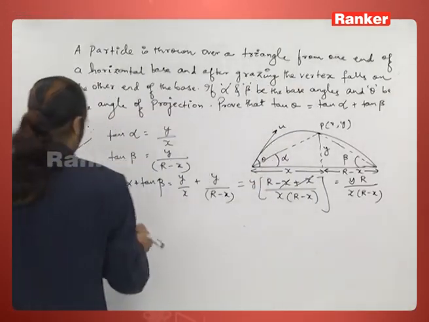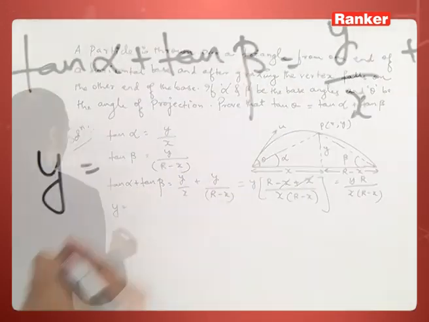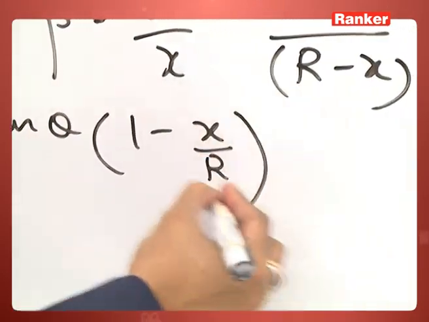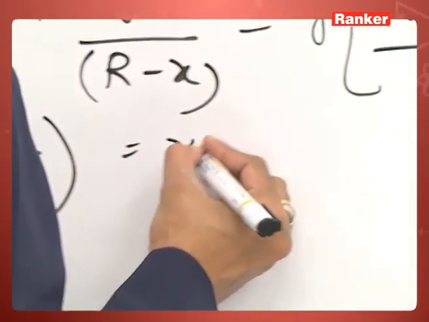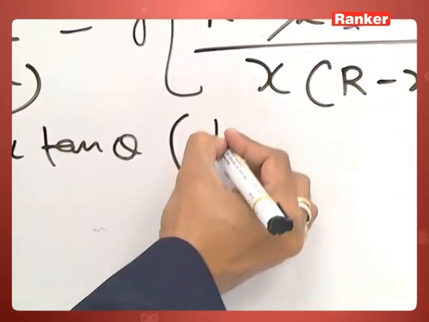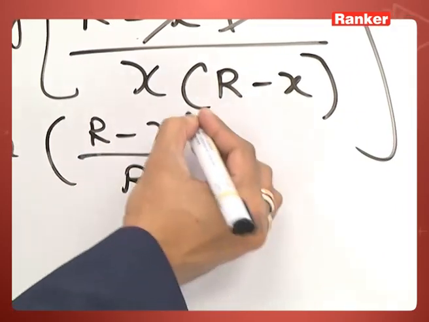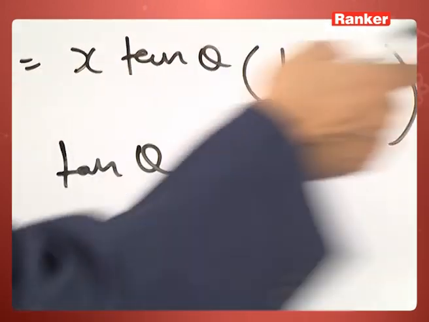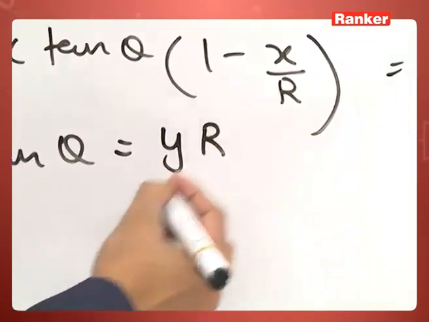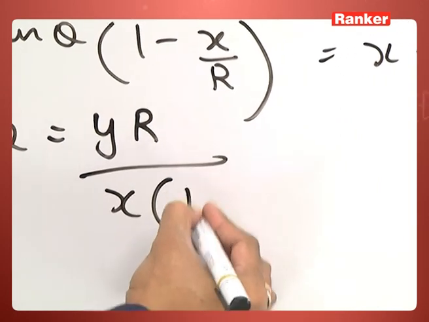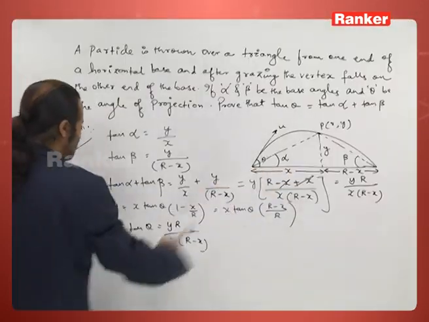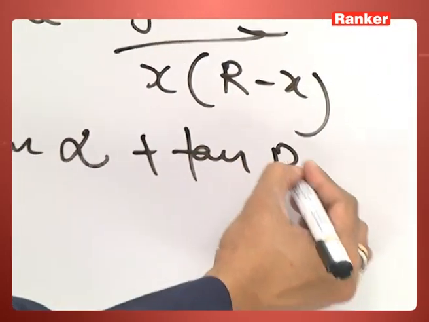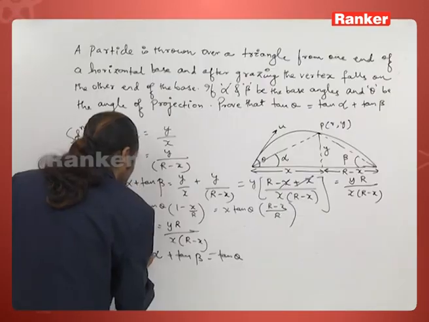Now we know from the equation of trajectory in terms of range, y is equal to x tan theta into R minus x by R. So here I can write tan theta is equal to yR by x into R minus x, which is same as this. So tan alpha plus tan beta is equal to tan theta is proved.